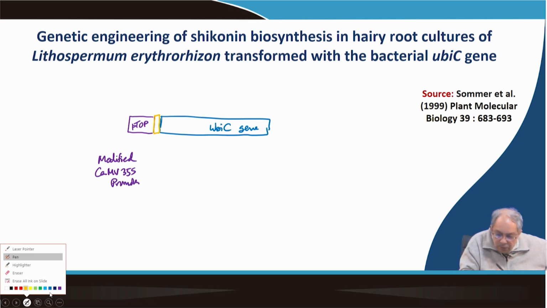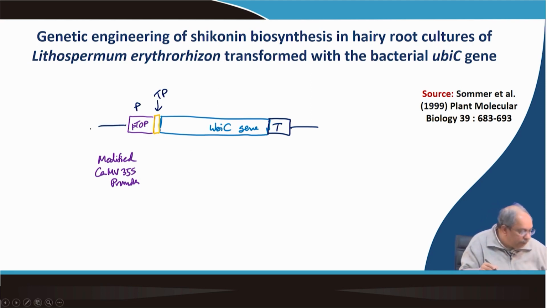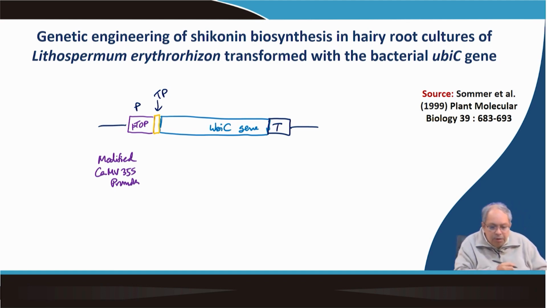So, the terminator should be there, and this is the transit peptide, this is the promoter, and this is the coding gene. And why they put the transit peptide?